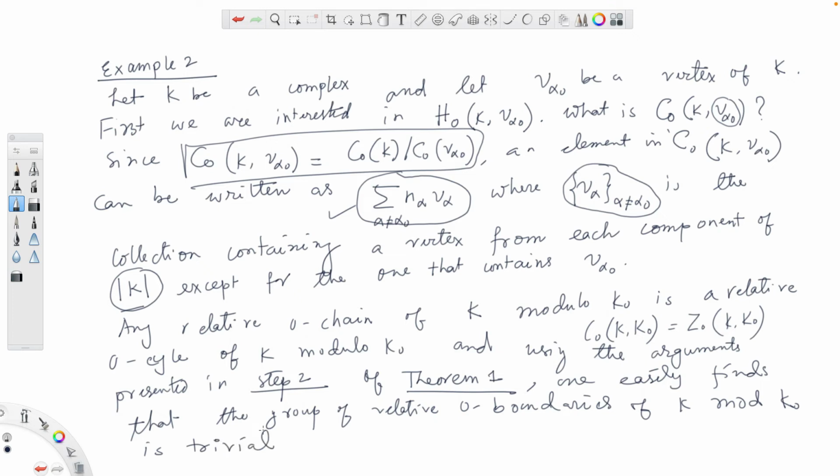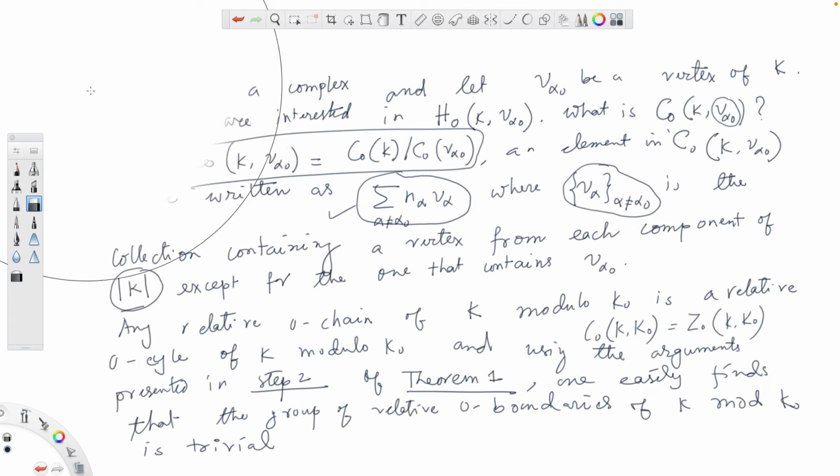Okay, so for the ordinary zeroth homology, we used the arguments there to show that the group of zero boundaries is trivial. So we use the same arguments here to show that the group of relative zero boundaries of K mod K0 is also trivial. Okay, all right.